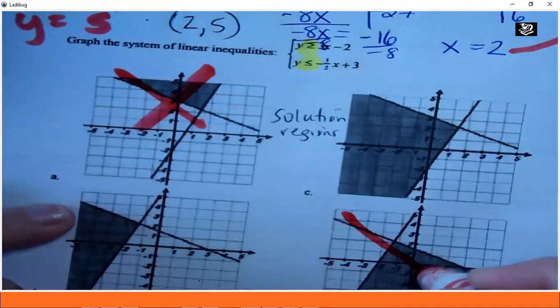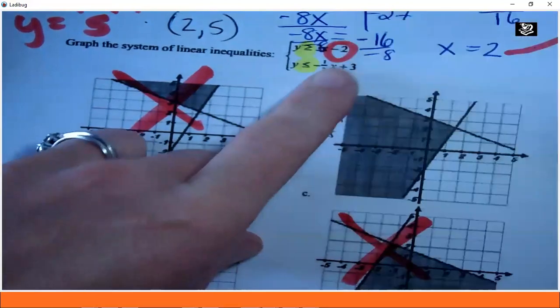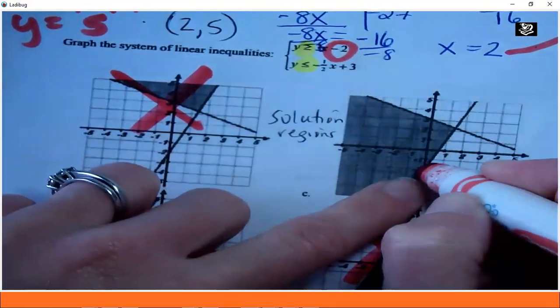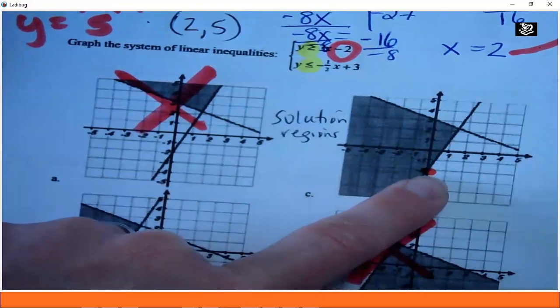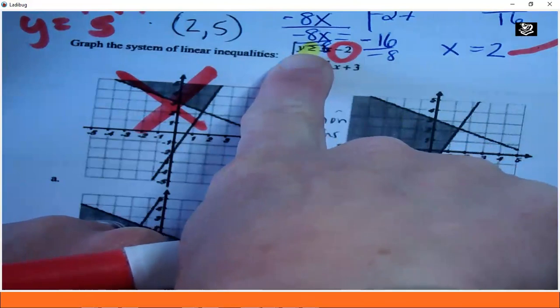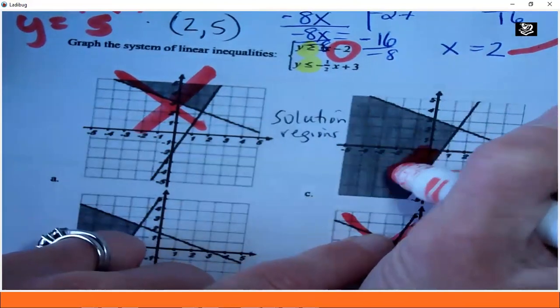And if we didn't have a calculator, the next thing I would look at is the y-intercepts. This one's at -2. So if I go to -2 for the y-intercept, is that one with the greater than sign or the less than? So they need a shade above -2, which they did.